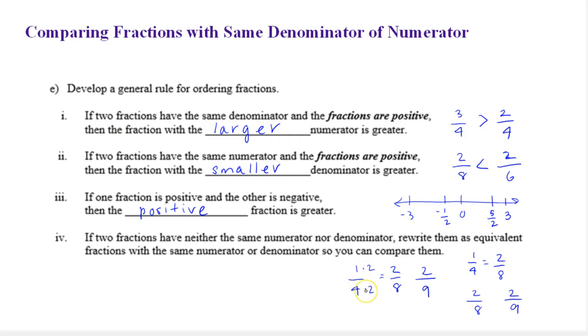That's why I multiplied by 2. And now we know, whichever one has the smaller denominator is greater. So we could see that 1/4 is greater than 2/9. Okay, so compare numerators, compare denominators, compare the sign of the fractions, or rewrite the fractions with a common numerator or denominator so you can compare them.